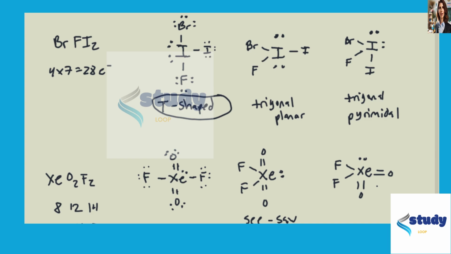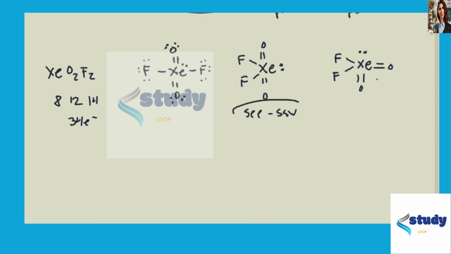And it's not really tetrahedral. It's almost like a half pyramid, which we don't really see as often, but it could be possible. But in this case, with the one lone pair, seesaw is probably going to be the most likely.